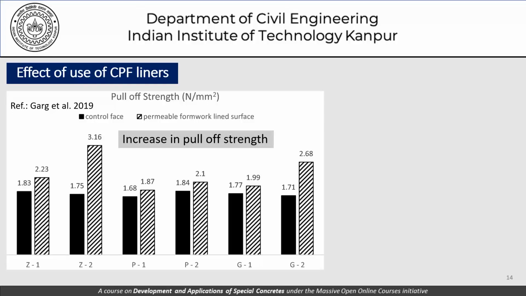We tried to do a pull-off test from the surface, and we found that for the different liners Z1, Z2, P1, P2 and G1, G2, where P is the particle boards, G is the gunny bags and Z is the commercial liner, in all cases there was an improvement in the pull-off strength, which is basically an indication of the fact that the water-cement ratio has reduced. And this 1 and 2 refers to different types of concretes which were used in the experimental study.